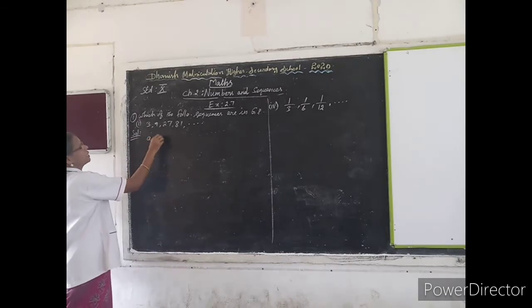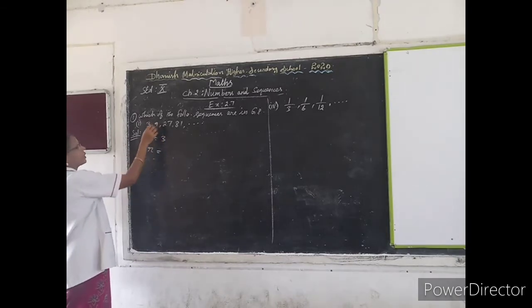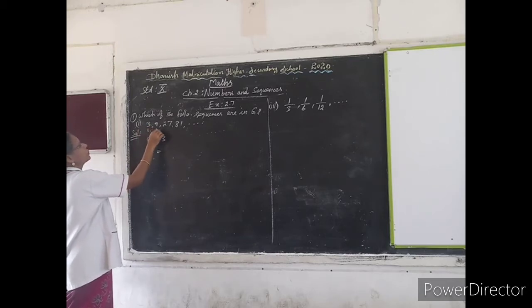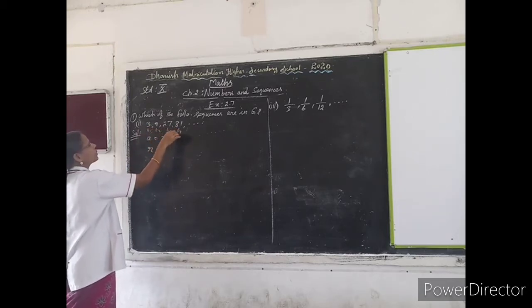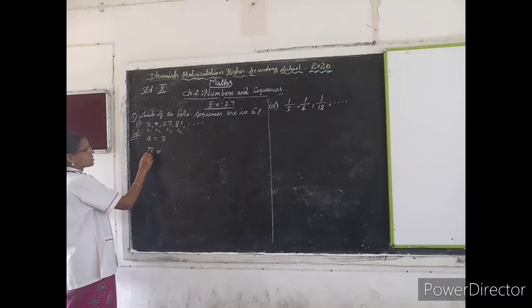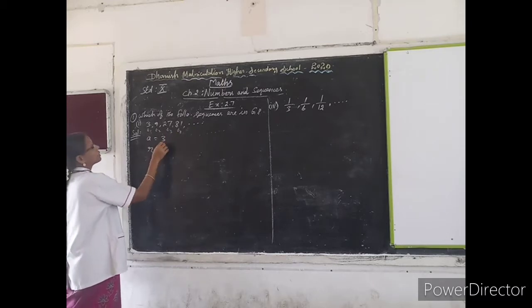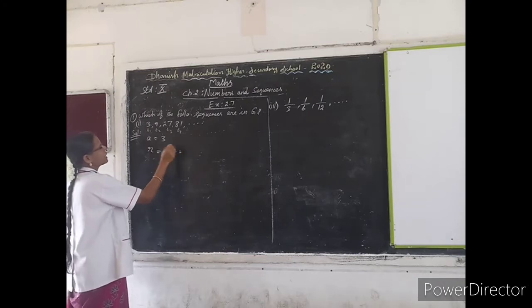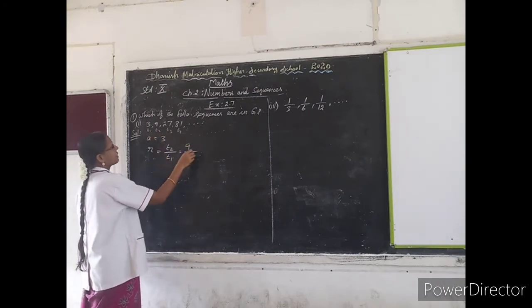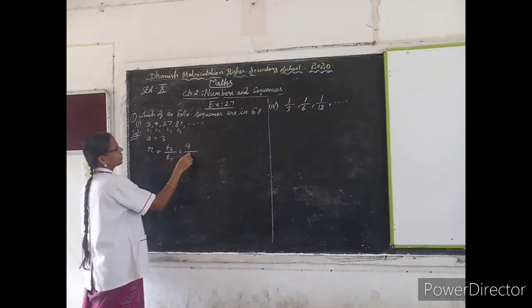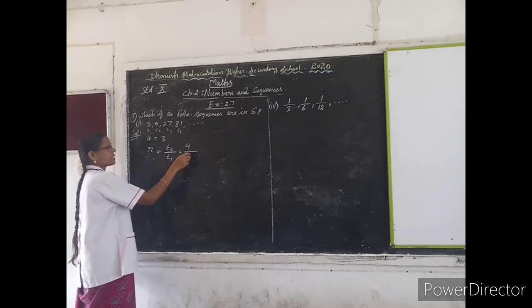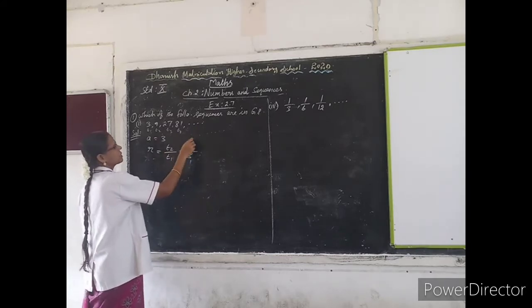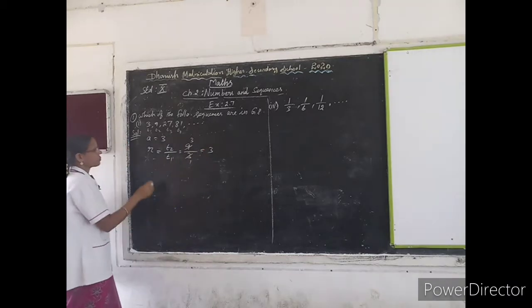First A is 3, and these are T1, T2, T3, T4, etc. What is the formula for finding R? Second term by first term. Second term is 9 divided by 3. Cancel by 3 table: 3 ones are 3, 3 threes are 9. So 3.